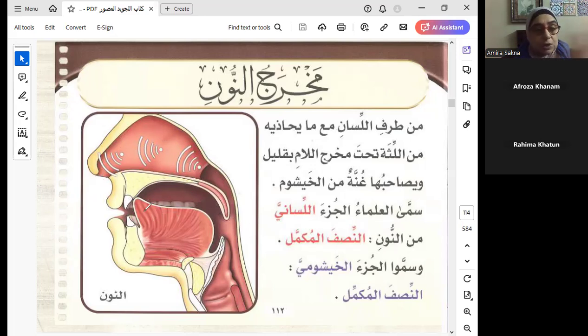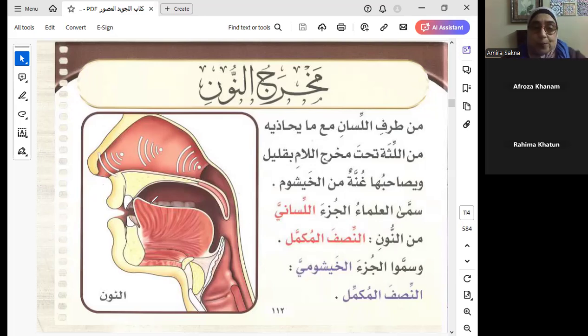If we talk about the sifat of the noon in general, the characteristics of noon, regarding the running of the sound, the articulation point is closed here, yes, but it's open from here. That's why it's not that open, like for example with dal, and not that closed like with qaf. That's why we call it harfun bayni, or an in-between letter, because the articulation point is neither totally open nor totally closed.